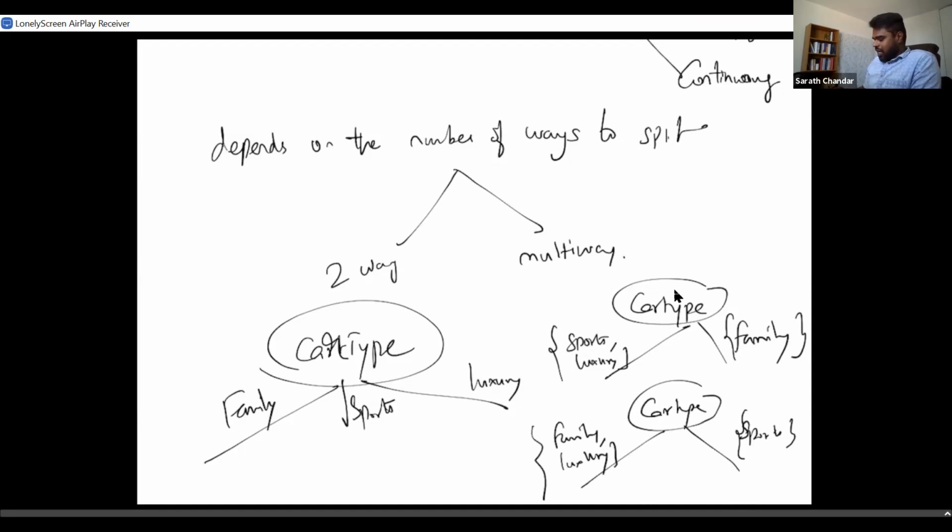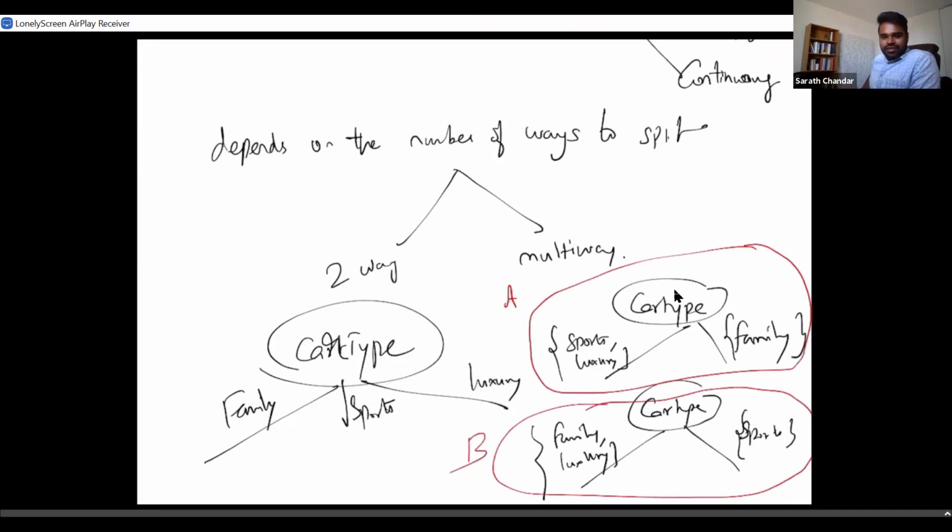Let's call the first split A and the second split B. Now we are going to do a small poll. I want you to think about these two types of splitting the car type and tell me which one is the best way to split the car type. A or B. I'm launching the poll. Which one of these two car type splittings is the best splitting?